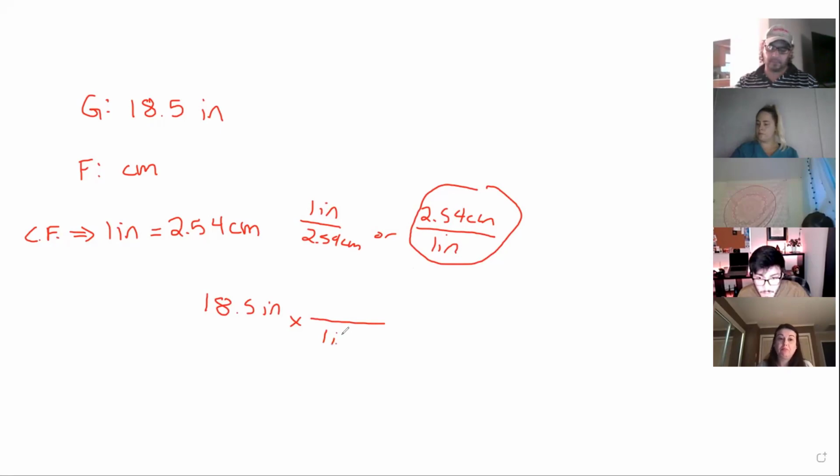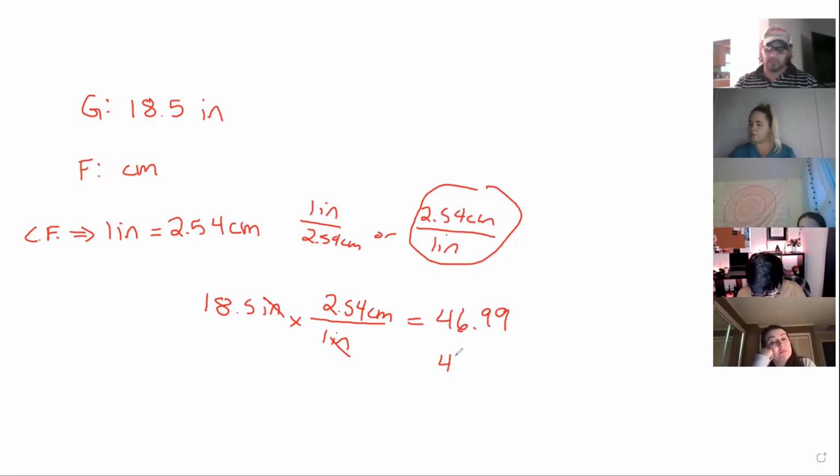So the 1 inch goes on the bottom, the 2.54 centimeters goes on the top. Then we cross out the inches and just do what it tells us: multiply 18.5 times 2.54, and we get 46.99. With 3 sig figs, that's 47.0, and the unit is centimeters.